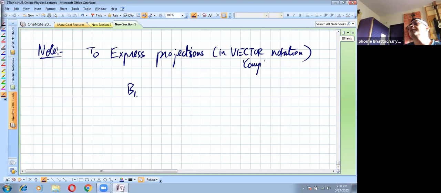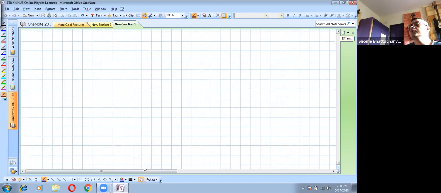That means I want to find B parallel as a vector, and I want to find B perpendicular as a vector. That's very simple. There's nothing complicated in that.